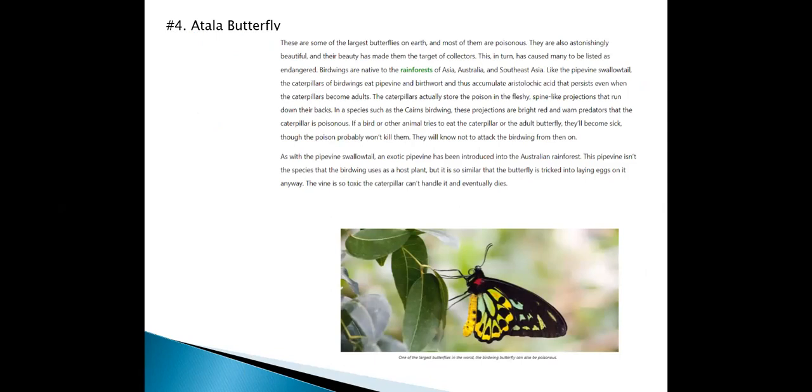This is one of the largest butterflies you can see anywhere in the Asian and Australian regions. They also have the ability to make a person completely sick, and they go to an extent that the sickness will kill them. So it is quite dangerous. Whenever you spot this kind of butterfly, observe them and leave them alone.